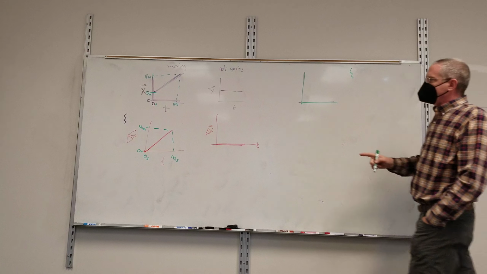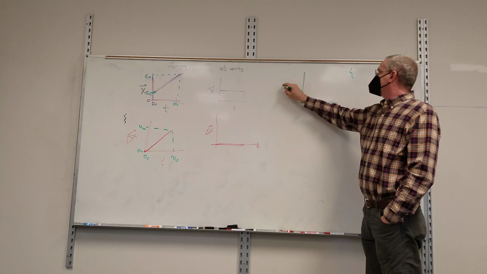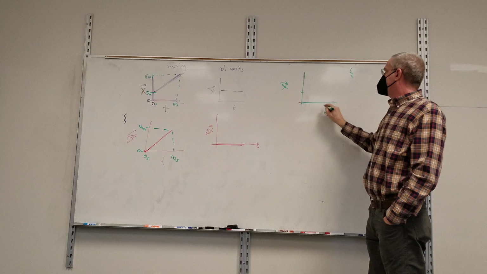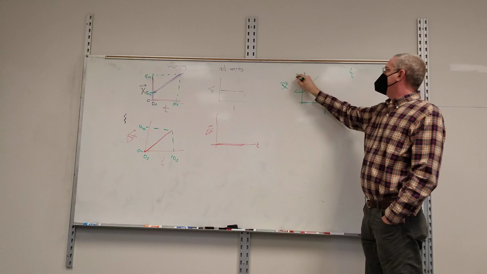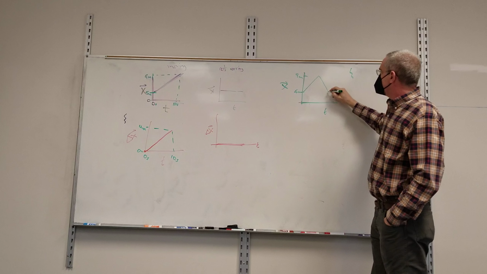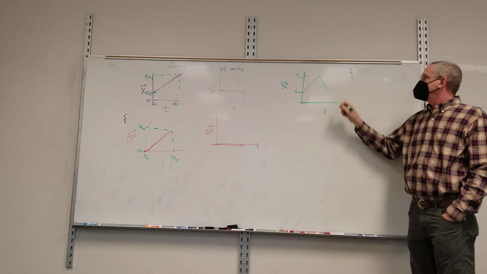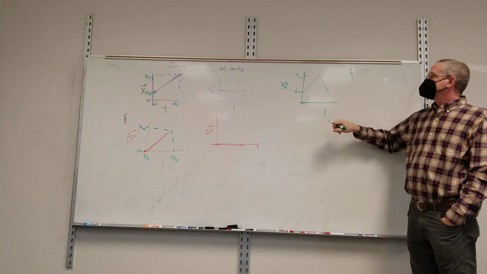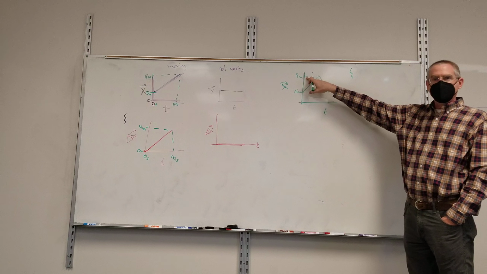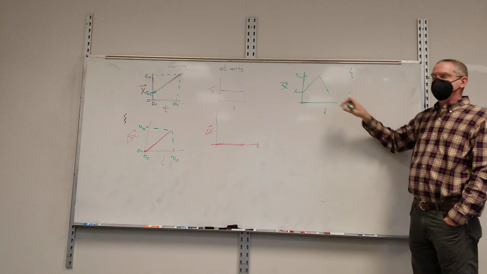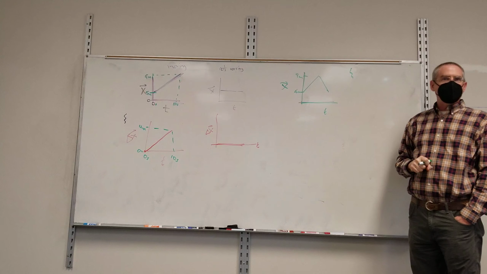Now, if I start out at 5 meters, so again, looking at position versus time, I start out at 5 meters, I go out to 9 meters, and then I come back to 5 meters. We just established that I went 4 meters to start with. What was the distance traveled to get back? 4 meters.